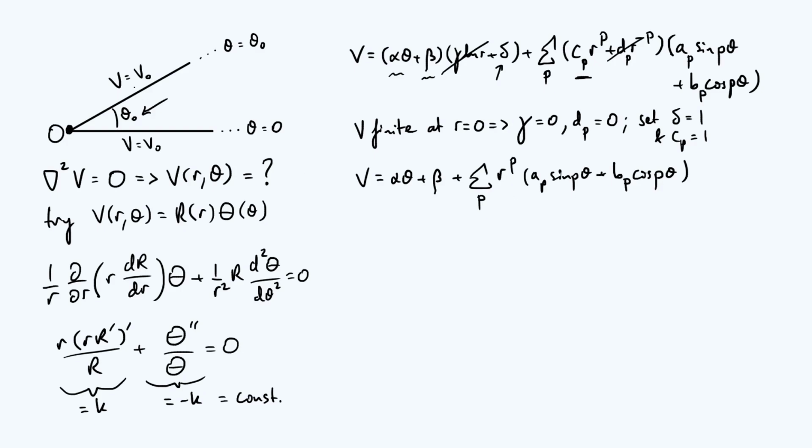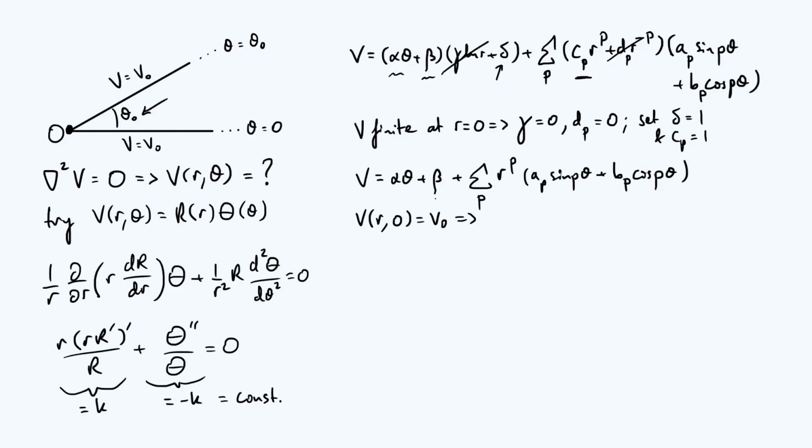Now we can go ahead and apply the boundary conditions where v is v naught along the lines theta is 0 and theta is theta 0. So firstly, let's just write down. We want to apply the fact that v at any radius when theta is 0 is v naught, and just use the previous line to see what happens.